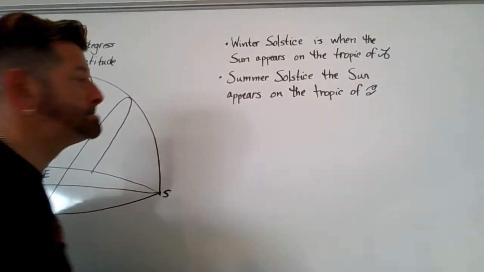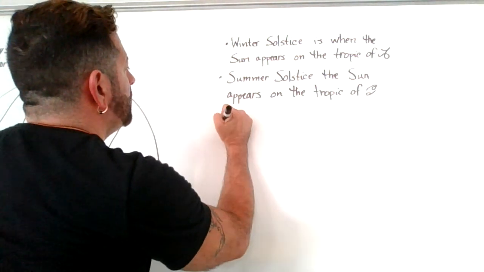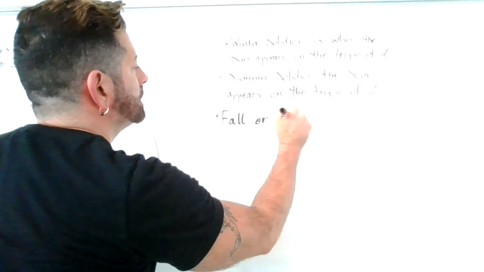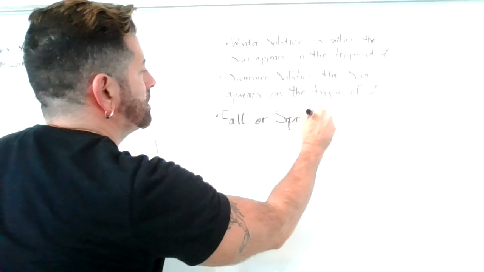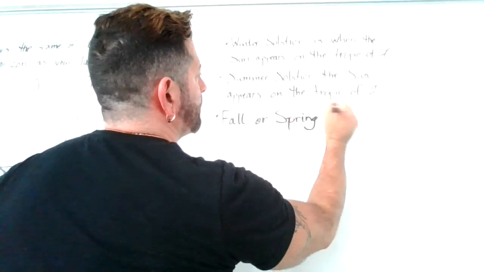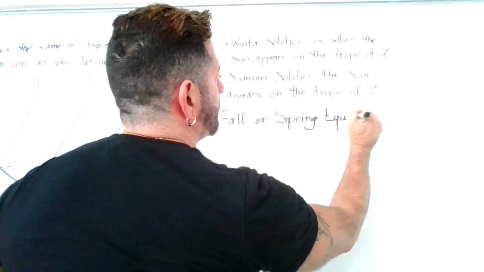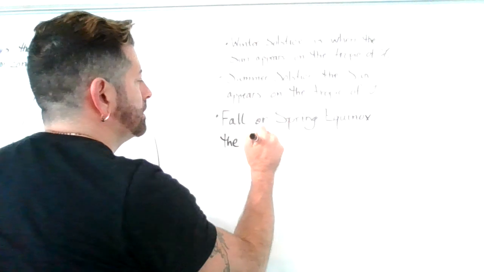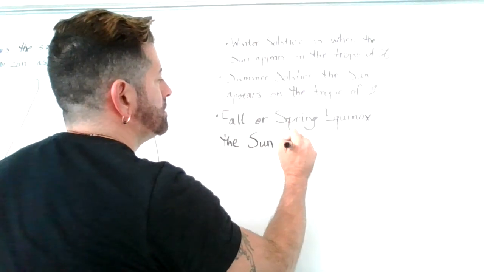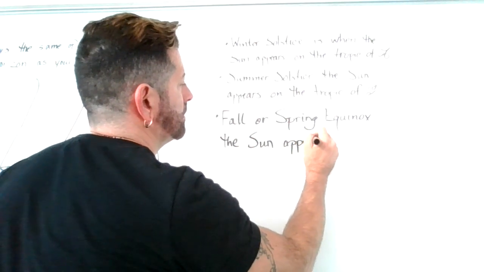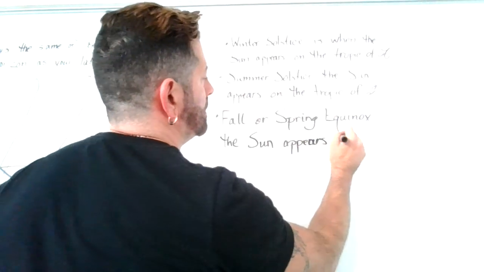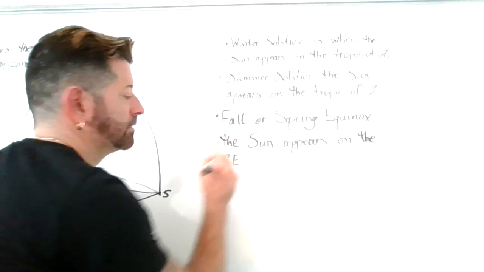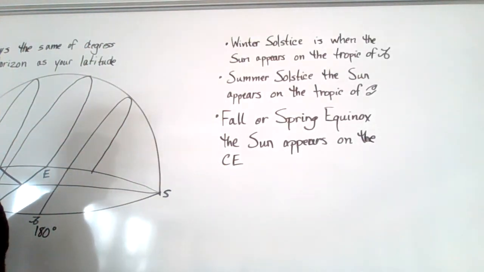And at fall or spring equinox, the sun appears on the celestial equator.